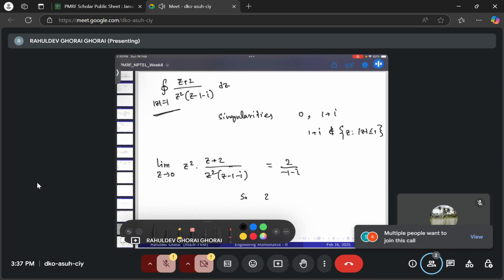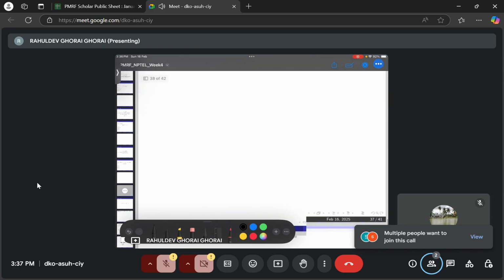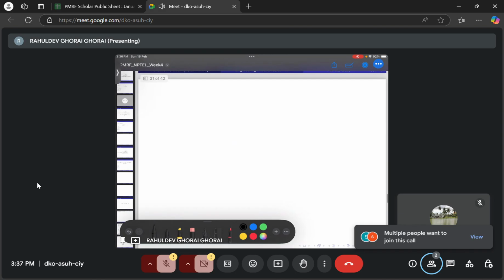So z equals 0 is a pole of order 2. That implies now you can find the residue of f with respect to 0, right? That's what we denote here.